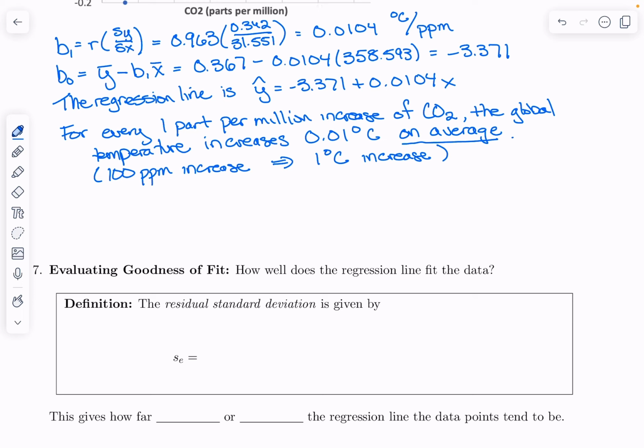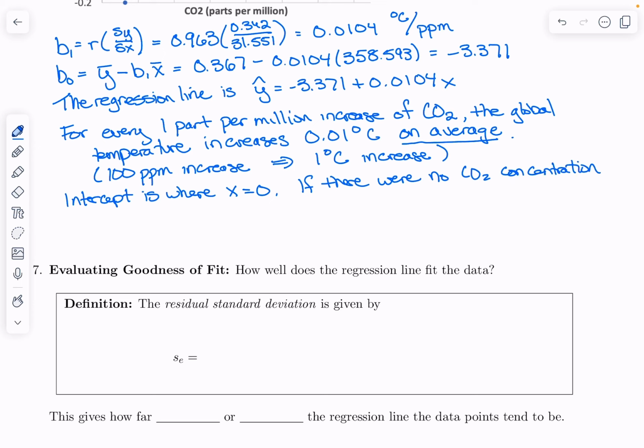Okay, what about the intercept? For the intercept, that's where x is equal to 0. So that means that if there were no CO2 concentration, right?